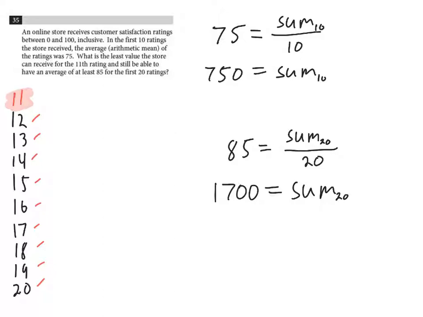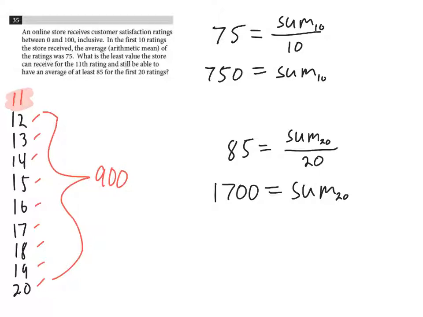Well, in an ideal situation, they get 100 on each of these 9 reviews from 12 to 20. That would be 900. So assuming they get 900 on 12 through 20, what's the least they can get on 11?